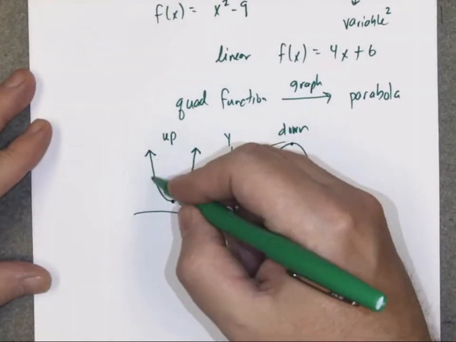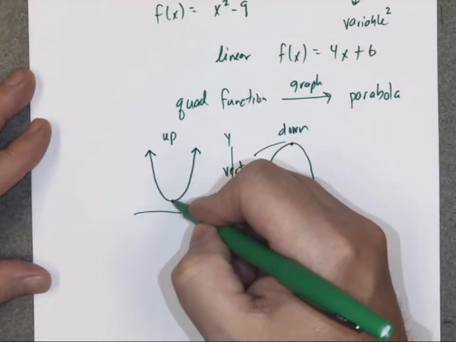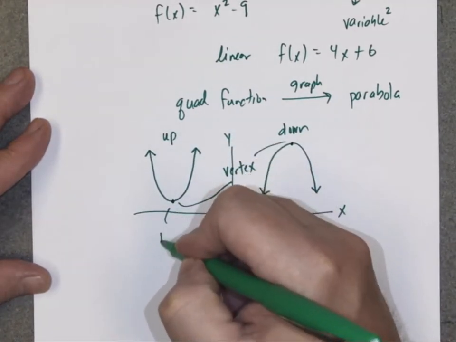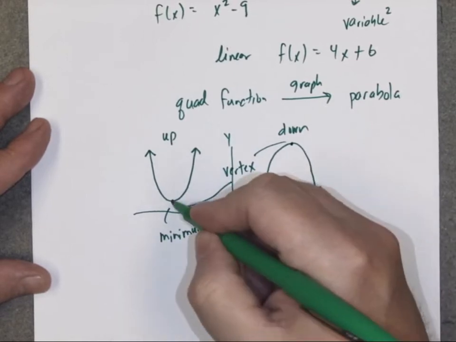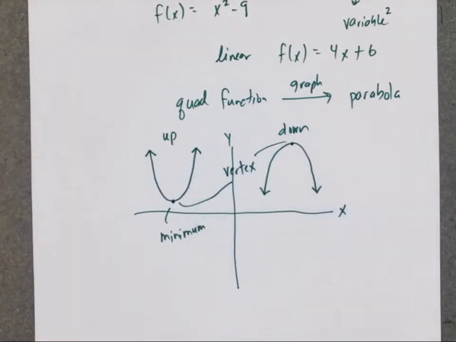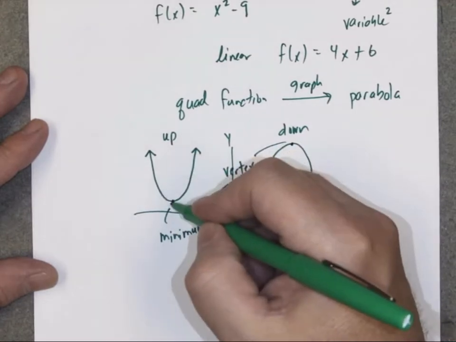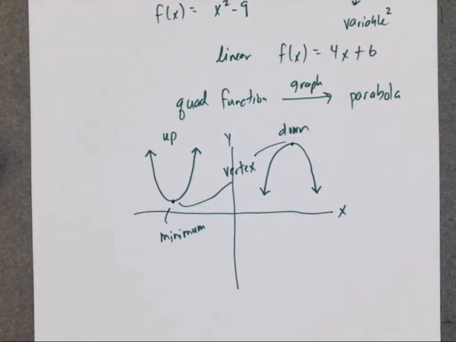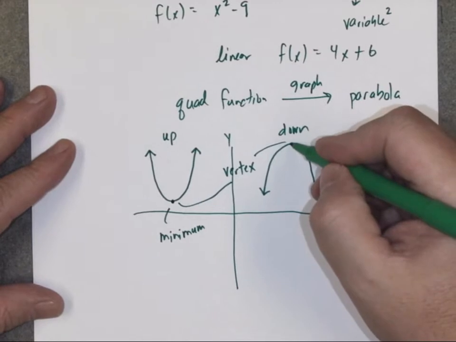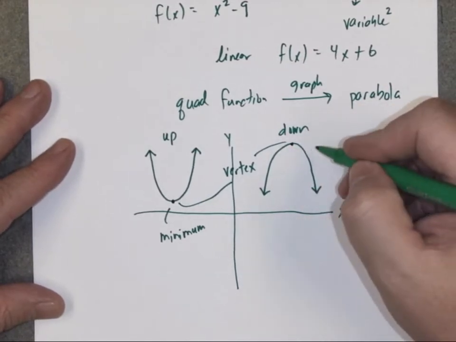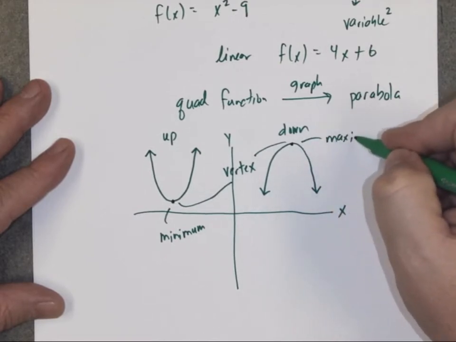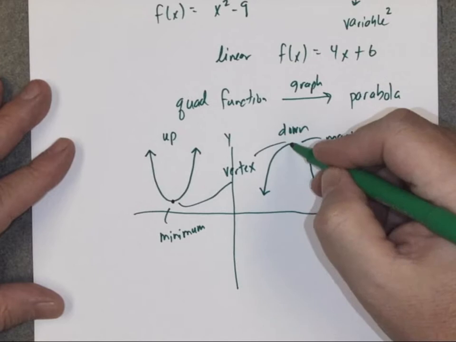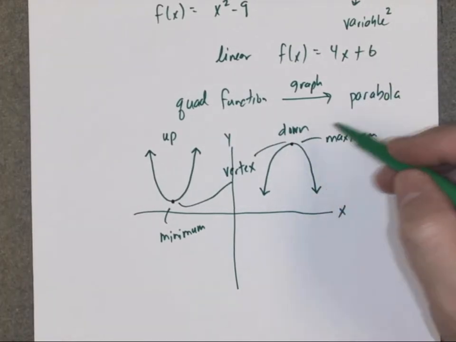Well, if this was our function here, this vertex, we would say, is actually the minimum value of this graph or of the function, because it's the smallest value of that graph. And over here, with the parabola that opens down, we would call the vertex the maximum point or the maximum value of this graph, because it's the highest point.